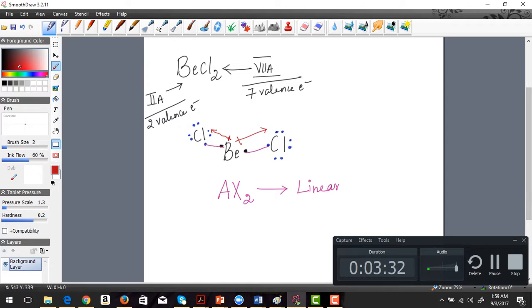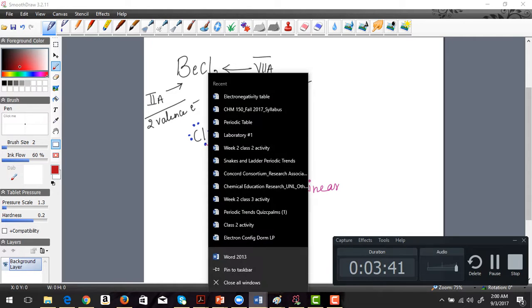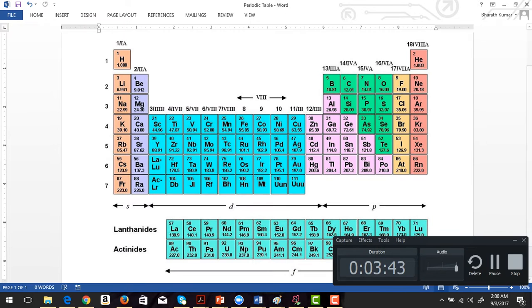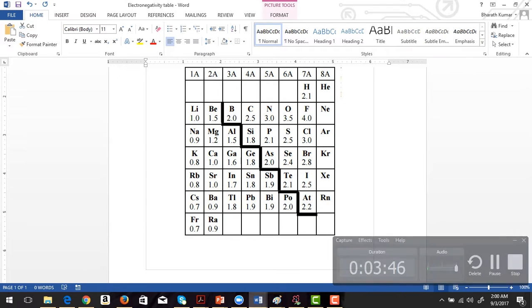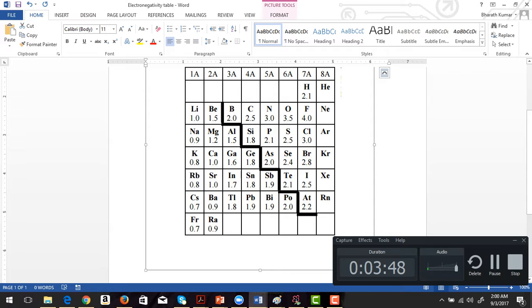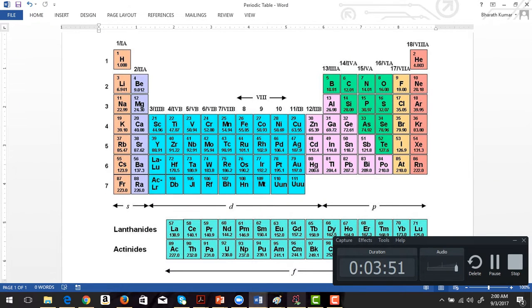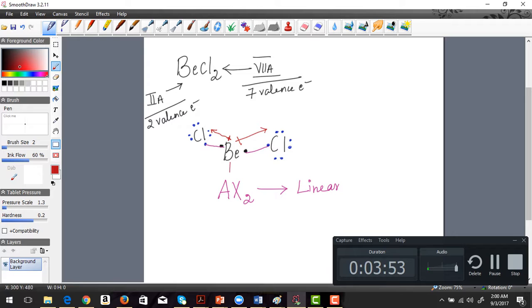So the bonds themselves, what did I say? Beryllium is 1.5 and chlorine is 3.0. Clearly, the difference is 1.5, which is within the range of 0.6 to 1.6, sorry.